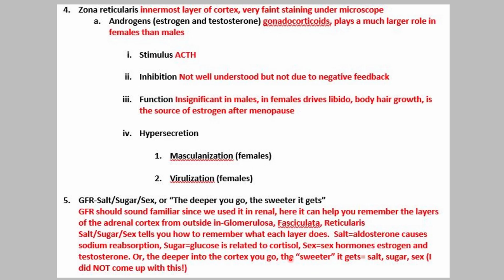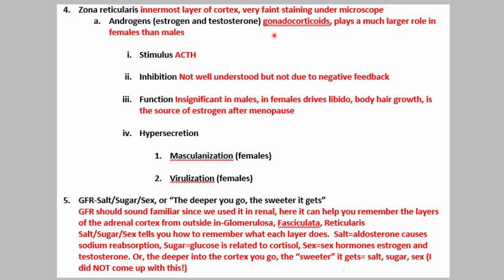Moving in further still, now we're at the deepest layer of the adrenal cortex. We're at the zona reticularis. Here, under a microscope, it's very faint staining, but with very dark nuclei. This is where we get the androgens, which are ultimately converted to estrogen and testosterone. Collectively, they're known as the gonadocorticoids.